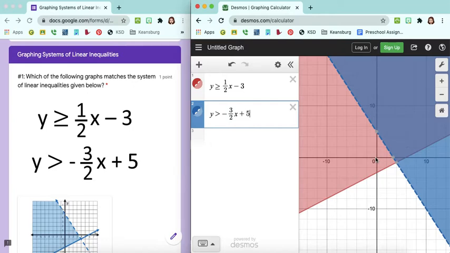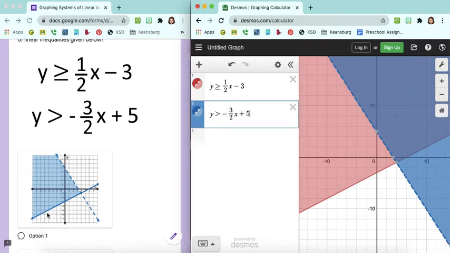And I want to see which one matches my graph. Now you'll notice that when I look at option 1, there's only one piece that's shaded. Whereas over here on Desmos, I have 1, 2, 3 pieces that are shaded. The difference is these graphs are only showing us what they share.